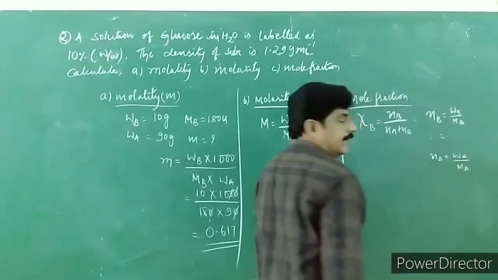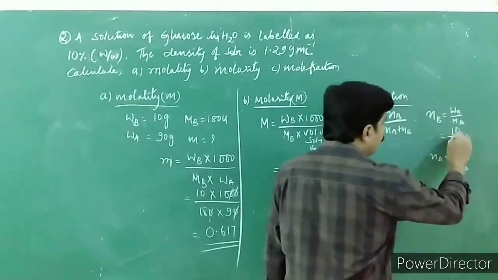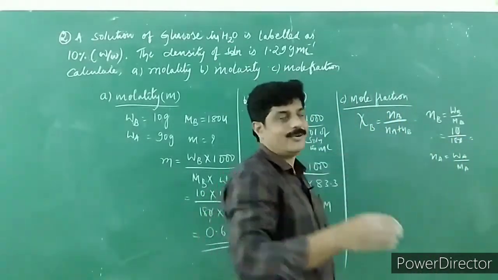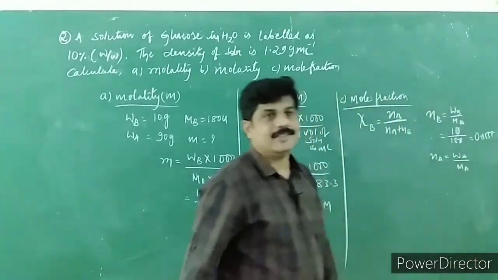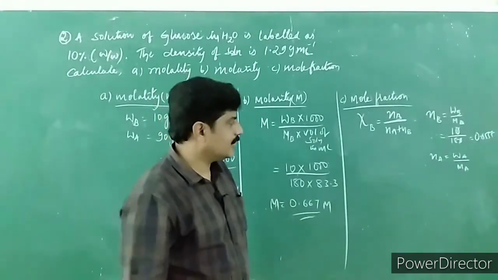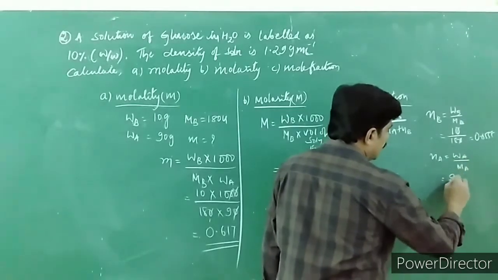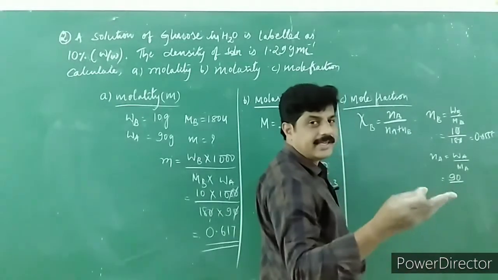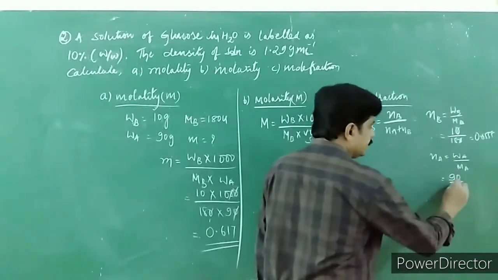Now Wb is how much here? That is 10. Mb, you know that? 180 grams. That means you are going to get 0.0555. Now similarly for water, W is equal to 90, and the molar mass of water you can easily calculate: 2 atoms of hydrogen, 1 atom of oxygen, 2 plus 16, that is 18.